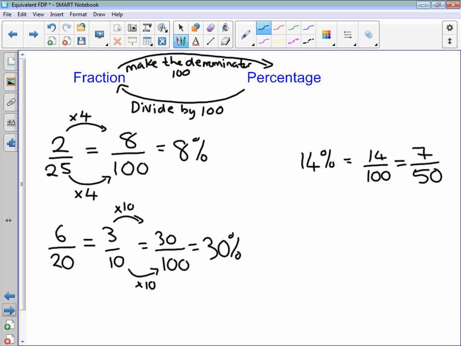Likewise, if you had 6%, that is 6 over 100, which gives you 3 over 50. So there are 2 ways to convert between equivalent fractions, decimals and percentages. Compare them to the ones you know, or choose one of these methods to help you do so.